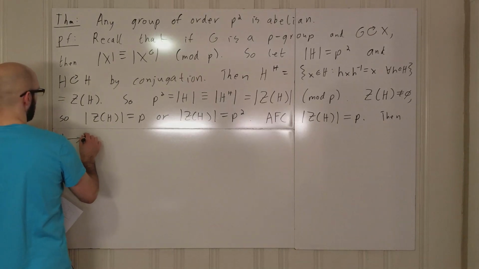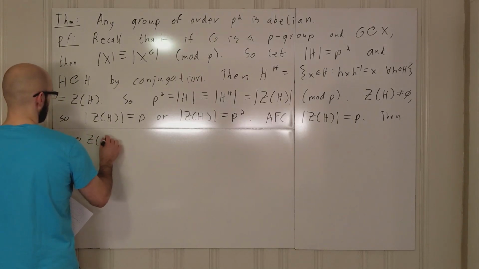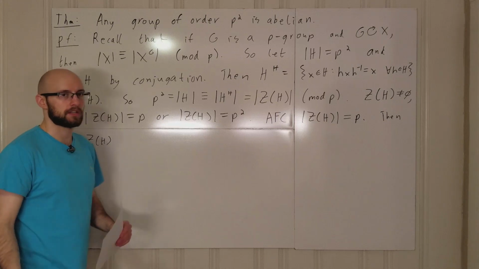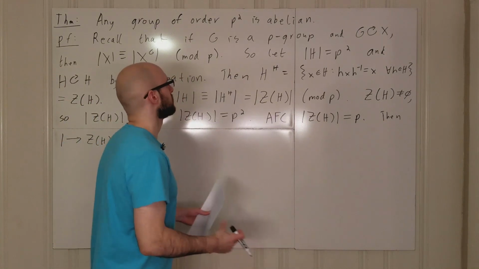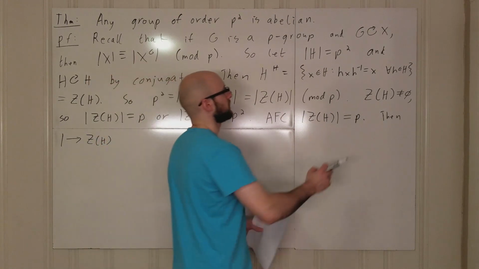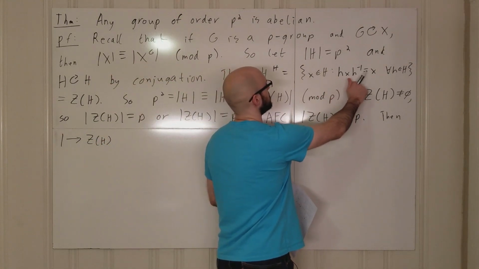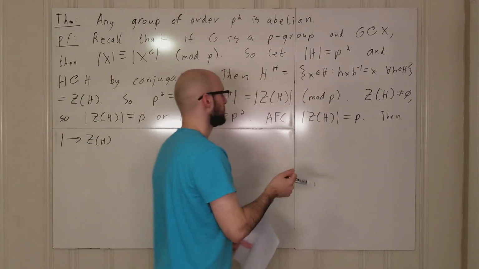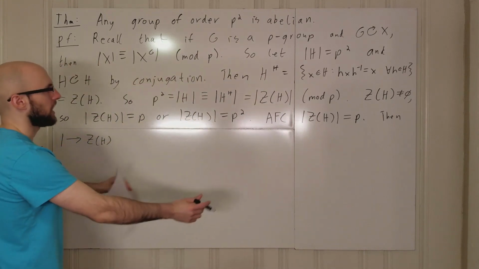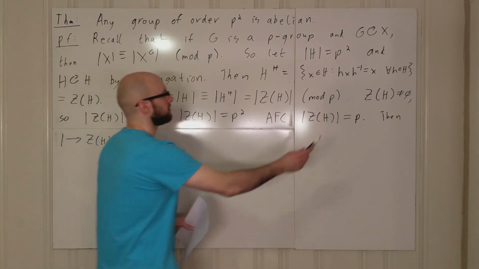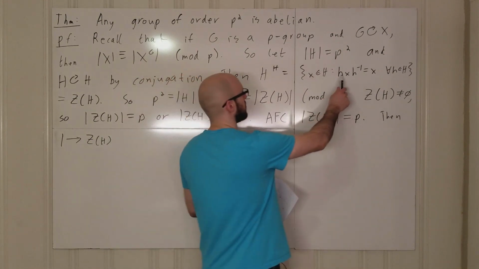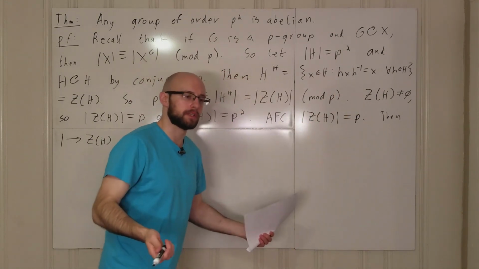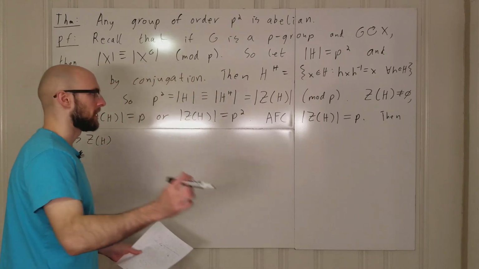Well, the center of H is stronger than being a normal subgroup, because a normal subgroup would just mean that hxh inverse is contained in H. But this is actually equal to what you started with, which in particular is in H, rather than this conjugation possibly giving you another element in H. And that's all you need for normality.